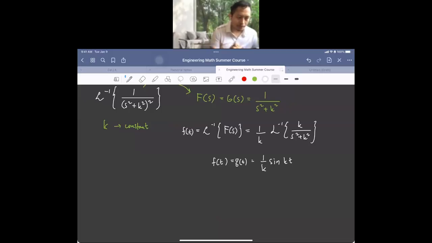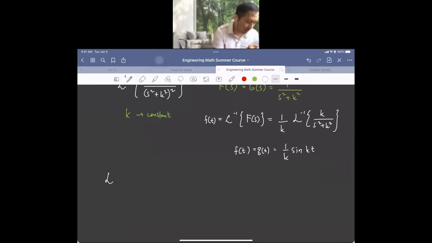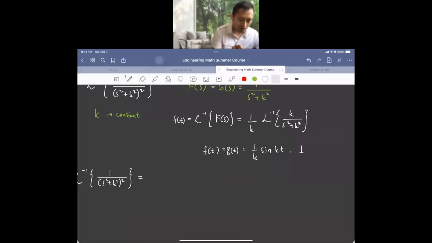Now from this, we can make it into our Laplace inverse. So probably I will write here: the Laplace inverse of 1 over s squared plus k squared is equal to, now 1 over k, because we need to multiply both, right?